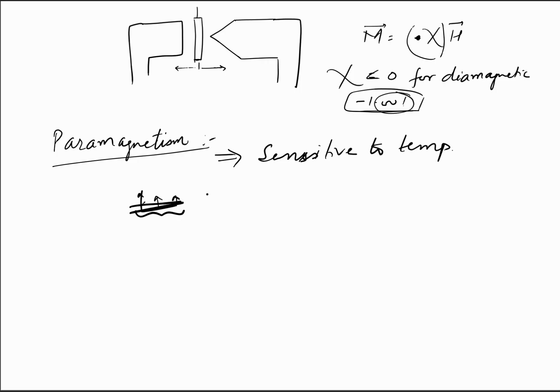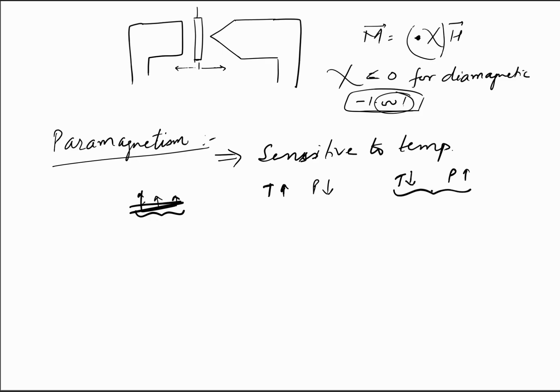So because of this, we can see that if temperature is increased, then the paramagnetic effect is reduced. Or we can say, if temperature is reduced, then we will find that the effect of paramagnetism is a little more seen, or it is a little stronger.